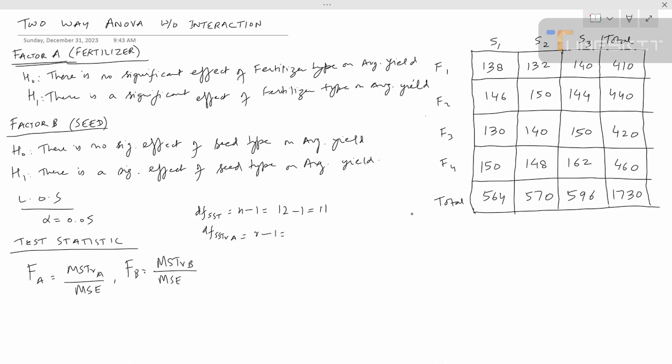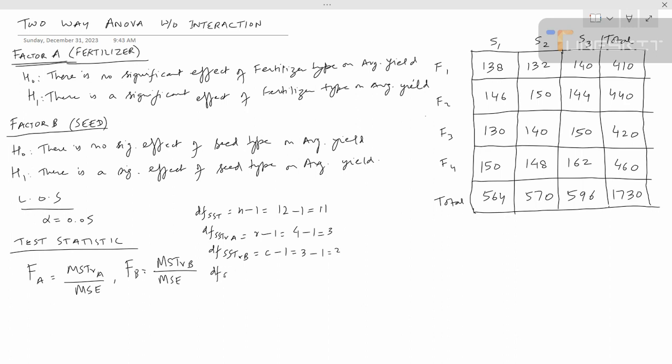Over here R represents the number of rows or the number of fertilizers that we are using, that is 4. Take away 1 gives us 3. Then DF of SSTR of B, factor B, that is the variety of seeds, we can indicate as C minus 1. C is for the number of columns. 3 varieties of seeds are represented in column, therefore 3 take away 1 would be the degrees of freedom.